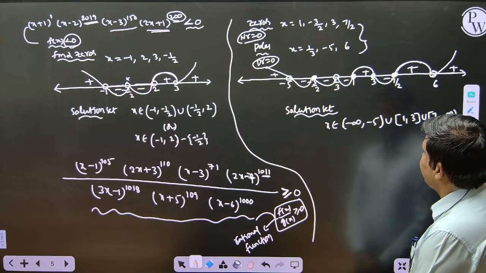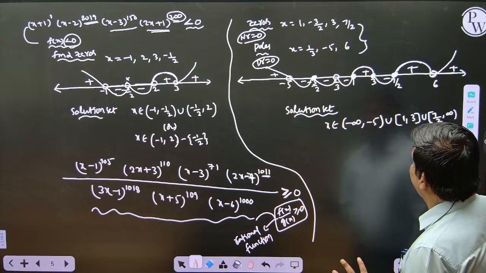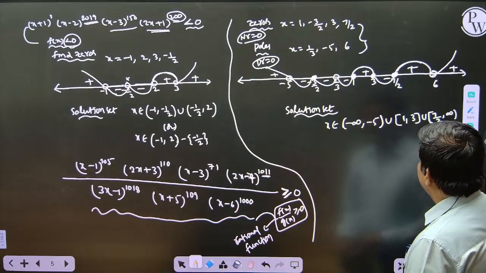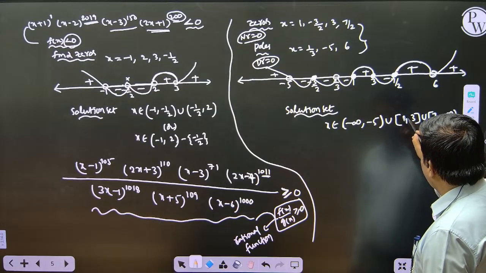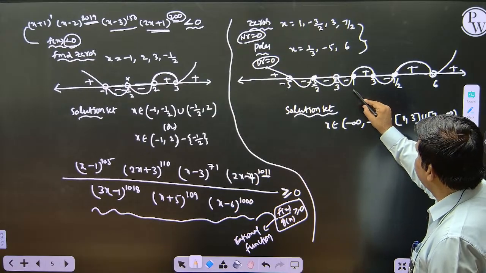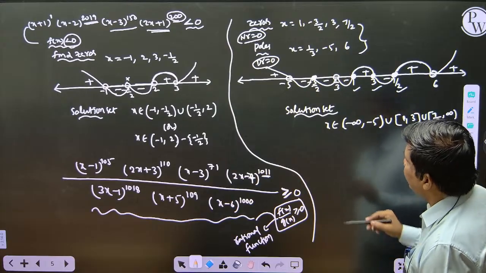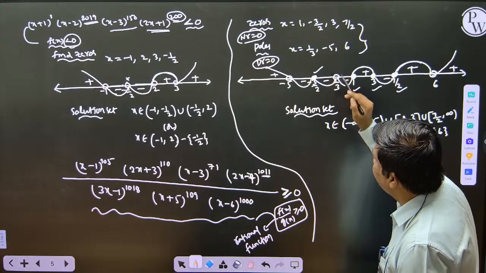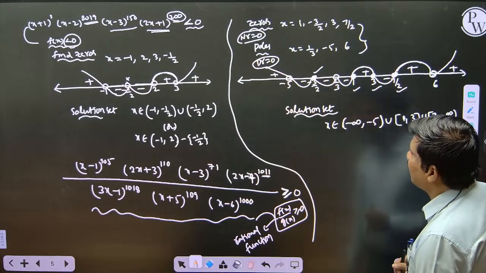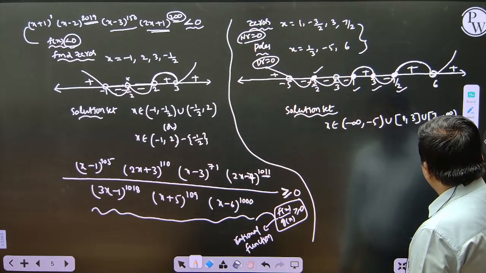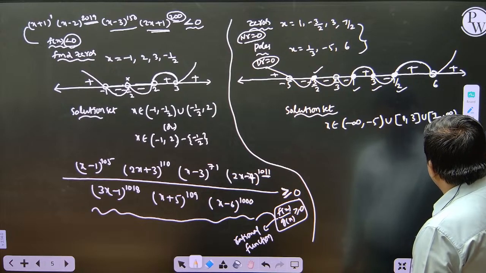Now check whether all zeros are included or not. 1 and 3 are included, and 7 by 2 is also included. But minus 3 by 2 is not included here. So the element 6 you subtract.